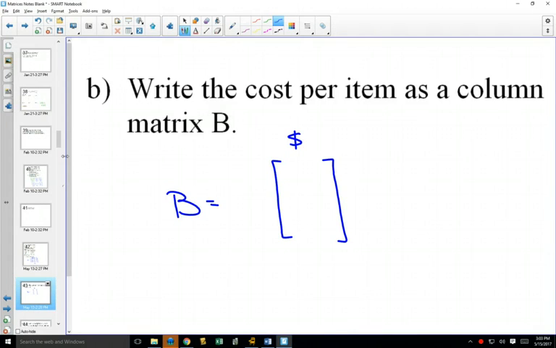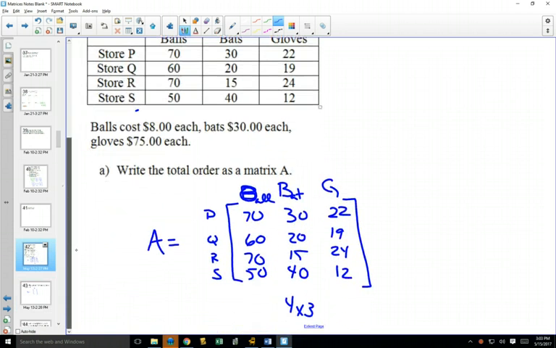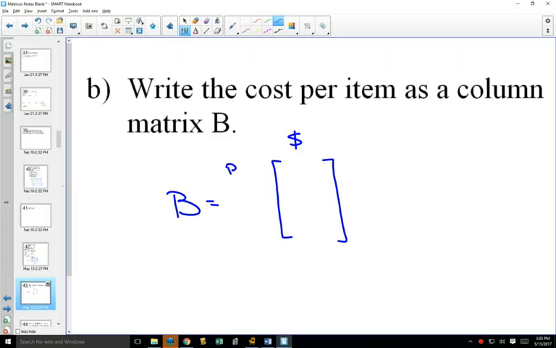What's very important for all the work you're going to do with real life problems using matrices is that since my first matrix A went balls, then bats, then gloves, I'll want to keep that same order when I make my next matrix. Even though it's a column matrix, the order in that column is important. So balls cost 8, bats cost 30, and gloves 75.